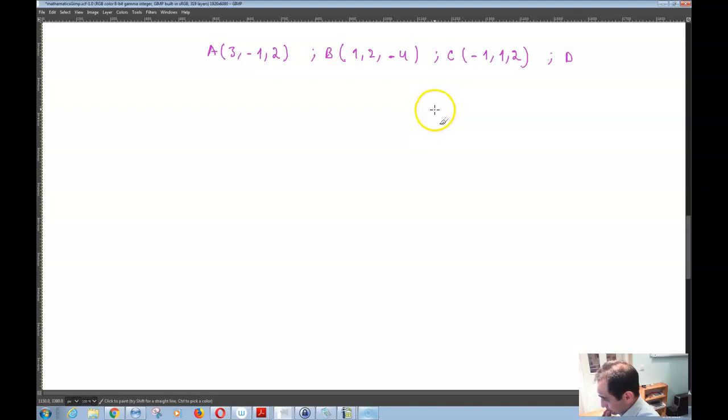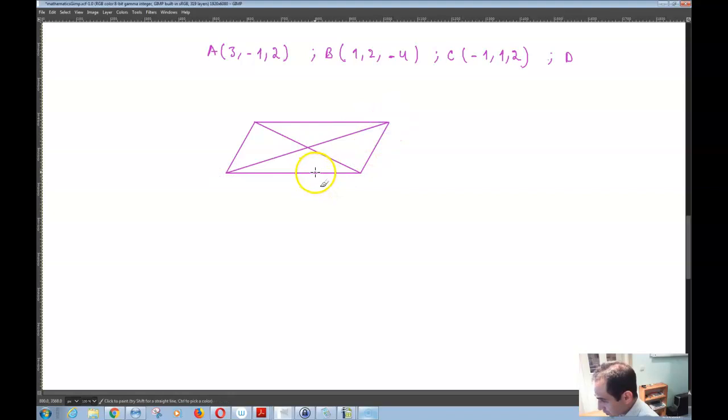Now, basically we said that in a parallelogram the diagonals bisect one another.